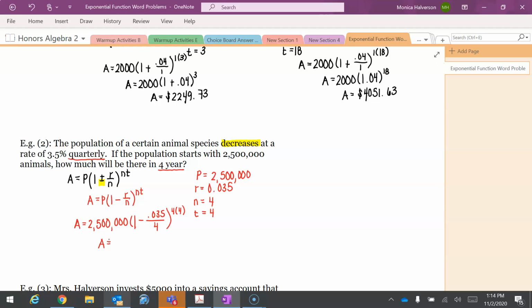And you should get an answer of 2,172,056. This does not have any form of a decimal because you're talking about an animal, and you can't have a fraction of an animal. You also don't round up because you can't have a fraction of an animal.